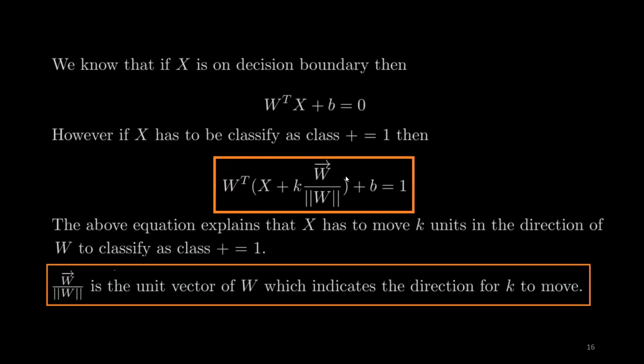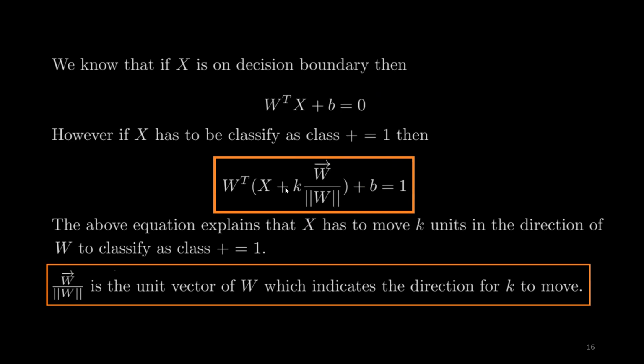So that's why we add this term. When we add this term in this equation, it becomes 1 from 0. Here the point is on the boundary. Now when I add this term to the feature of this point, it is no longer at the decision boundary. It has reached the data samples which belong to class 1.